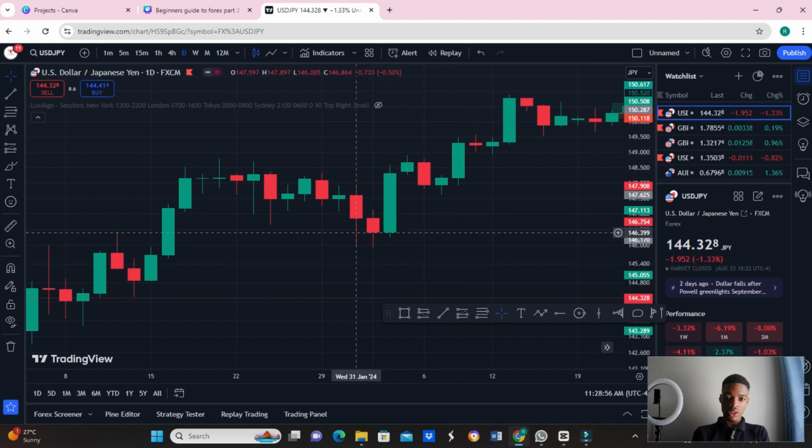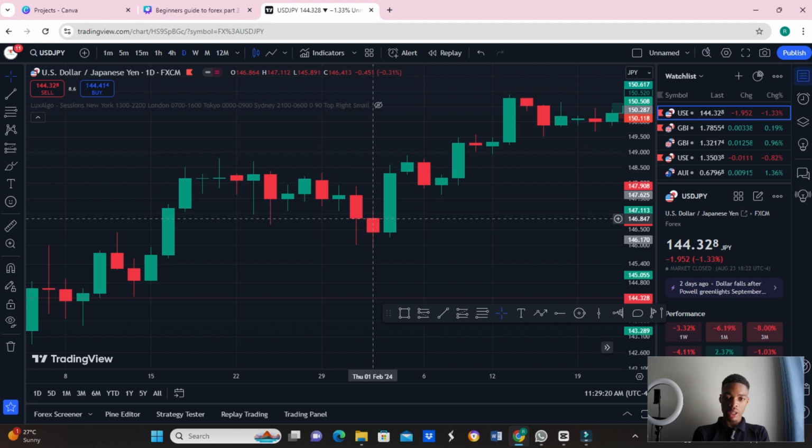Here is essentially our closing price, which is 146.399. So that is the price it closed at for that specific day. Here's the body of our bearish candle. This tells us the amount of price move that it made. Here is our opening price.